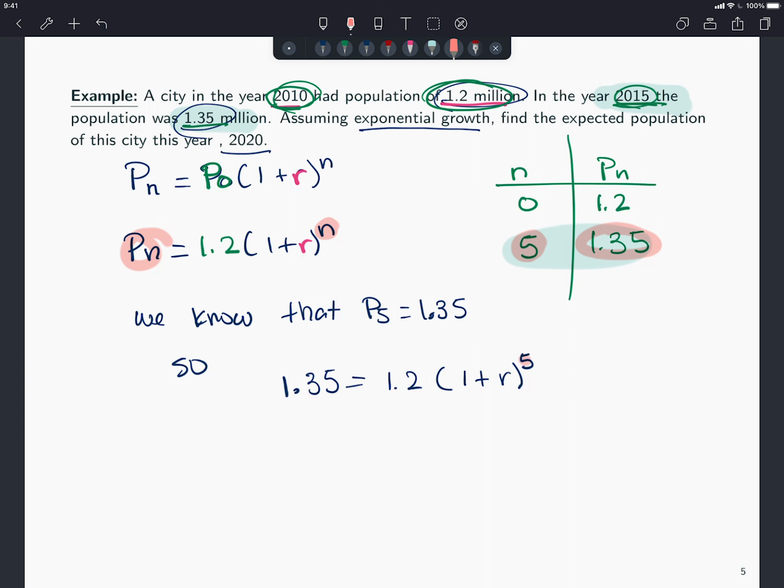I'm using this for my 5 and this for my P5. So this is an equation that I should be able to solve for r, since I have everything else except r. And once I find my r, then I can go back and fill in what this function or this model looks like. So that's all for r. I'm going to give myself some space here.